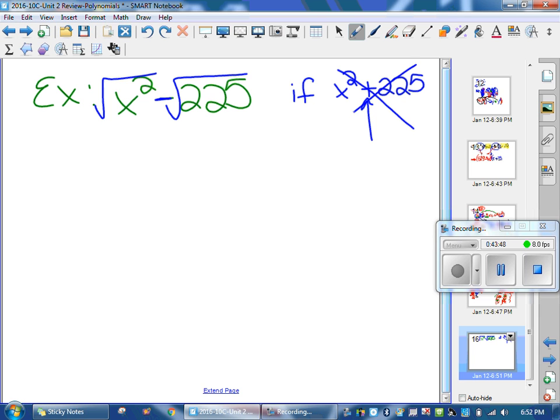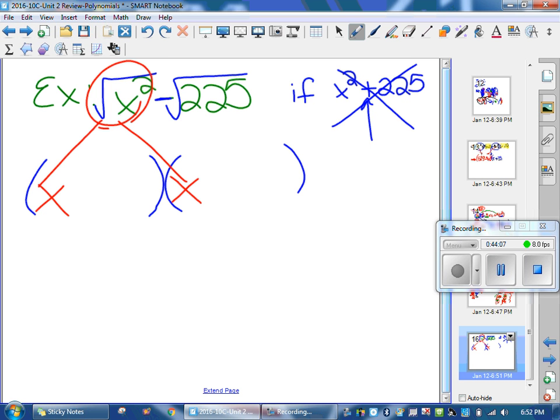X squared, when you square root it, becomes an x and an x. They go in the first spot in each bracket. The 225, when you square root it, gave you a 15. And now, in order to get your minus sign in the middle, you need to separate each of those with opposite signs. One will be a positive, one will be a negative.